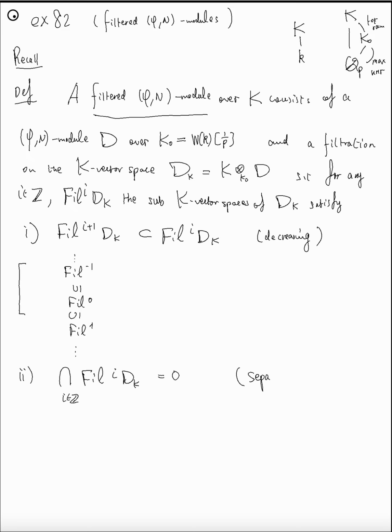This is very similar to separated when we talk about topology. Separated: the intersection of the powers of the ideal is trivial, right? Separating. Third condition, the union of all the filtration is D_K. We call it exhaustive.